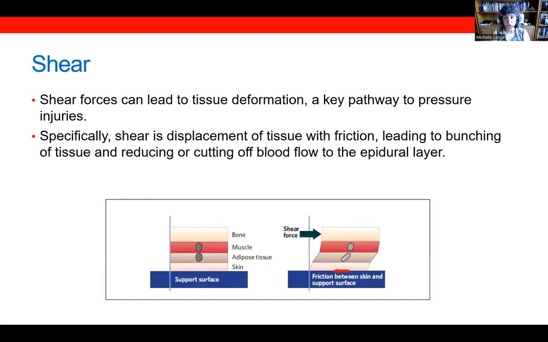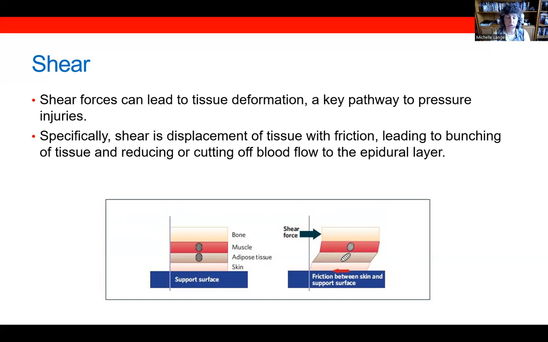Now, why is shear such a big deal? Well, shear forces can lead to tissue deformation, and this is one of the primary pathways that can lead to pressure injuries. Specifically, shear is displacement of tissue. So, again, we have the tissue out of alignment with the support surface with the addition of friction.